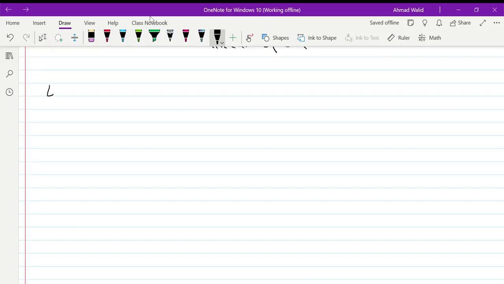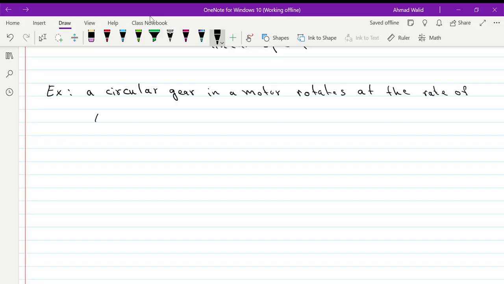Example number 1, I'll copy it from your book. A circular gear and a motor rotates at the rate of 100 RPM, 100 rounds per minute.